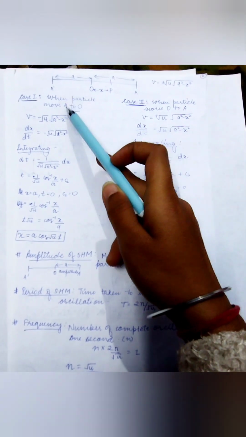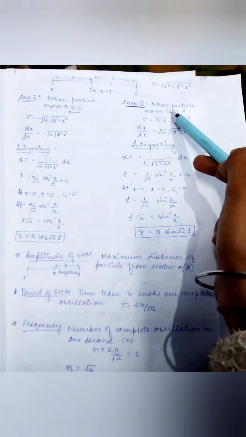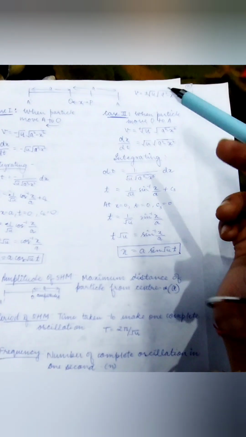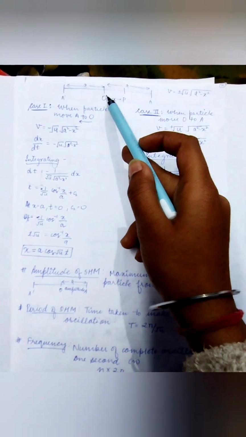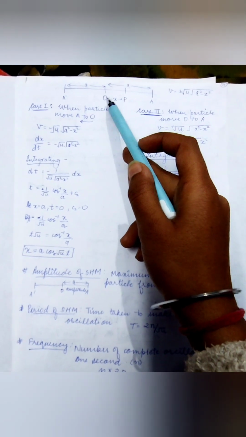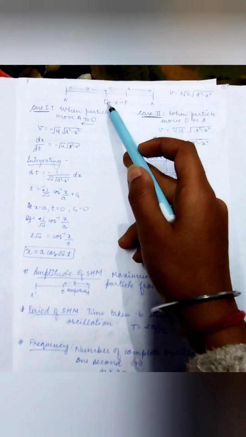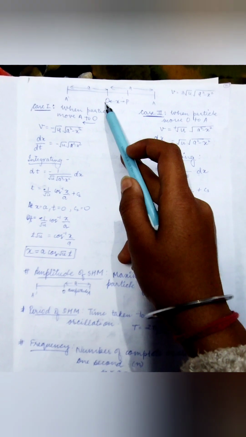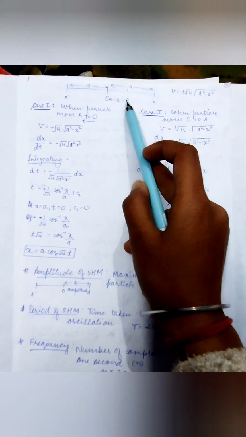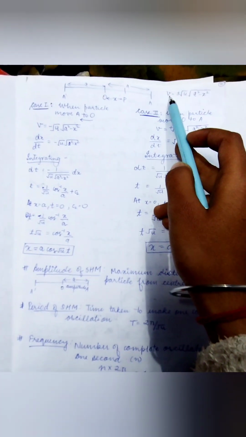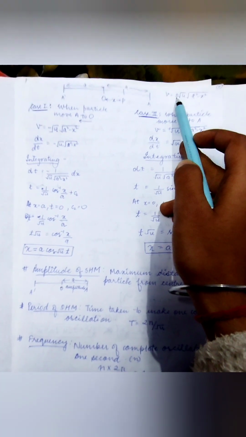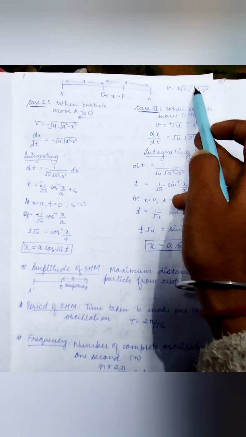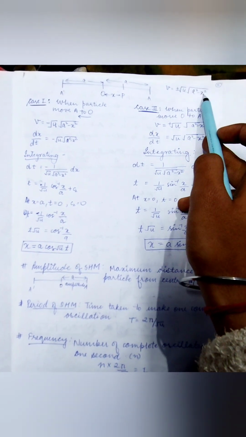First is A to O and second is O to A. By looking at the figure we note that the particle first moved from O to A and then A to O, a to and fro motion. So the equation we are getting for SHM is v is equal to plus minus root mu times root A square minus x square.